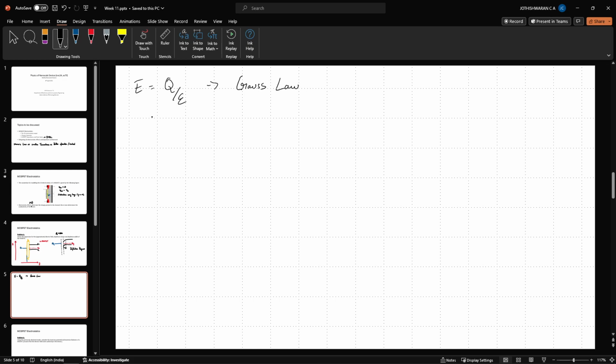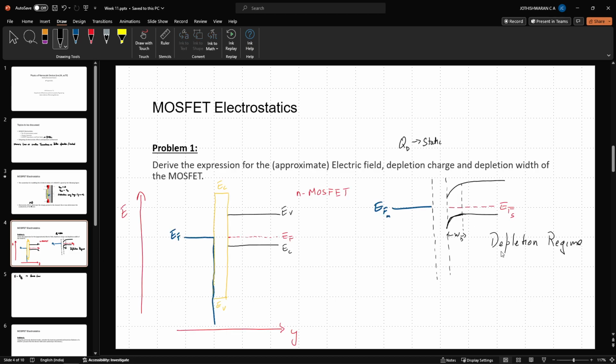Essentially, we have the integral of E dot dS is q by epsilon, and since this is a plane surface that we are considering, we can use a Gaussian pillbox over here. There is no charge present on this side. There is a small charge present over here.